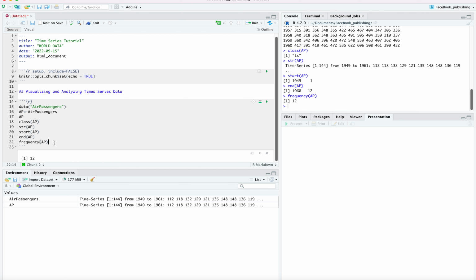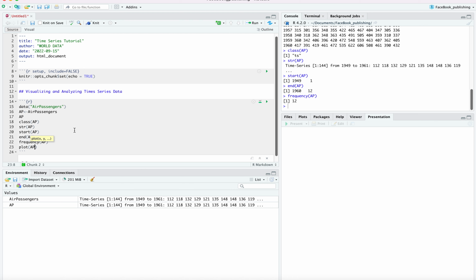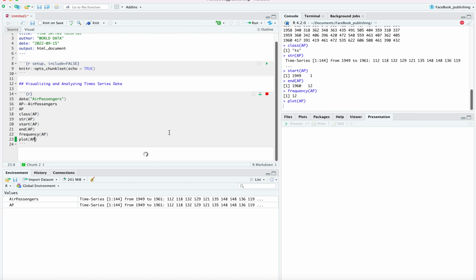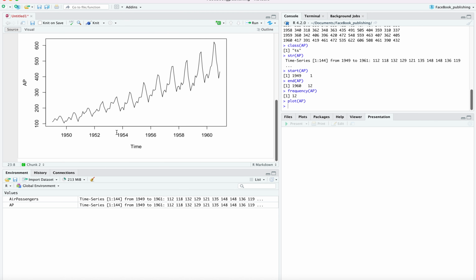Great. One last thing that you can do when you have a time series data is plot it out and see how it looks, right? So we can plot our time series data and let's see how it looks. Great. That's our time series data here from 1949 to 1960.